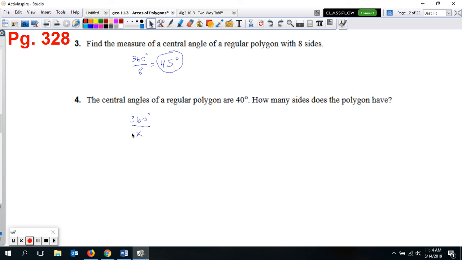So 360 divided by X is equal to 40 degrees. And so we can multiply both sides by X and then divide by 40. So multiply both sides by X, now we got 40X is equal to 360, divided by 40. And 360 divided by 40 is 9. So 9 sides, that would be a nonagon for that particular polygon.